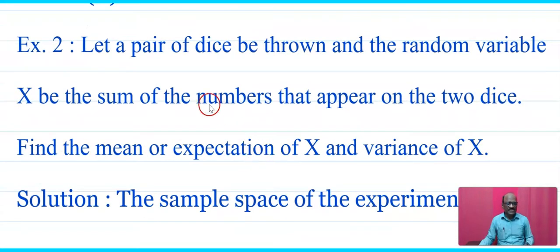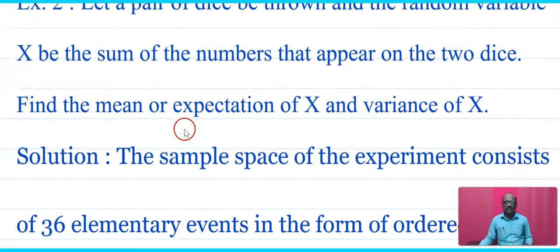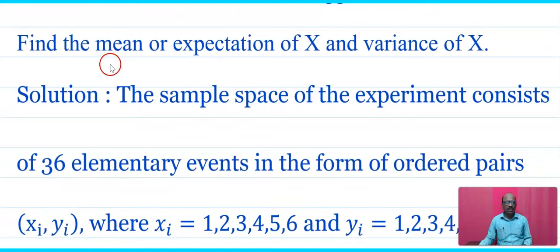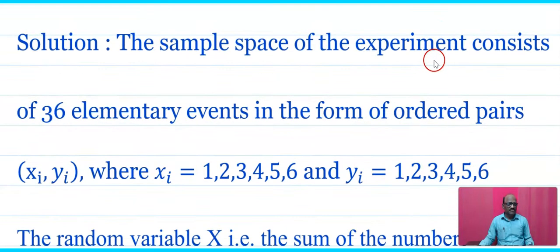Next example. Let a pair of dice be thrown and the random variable capital X be the sum of the numbers that appear on the two dice. Find the mean or the expectation of x and the variance of x.